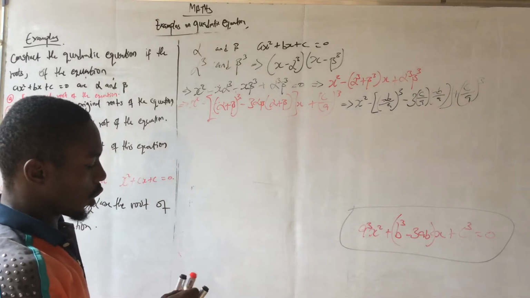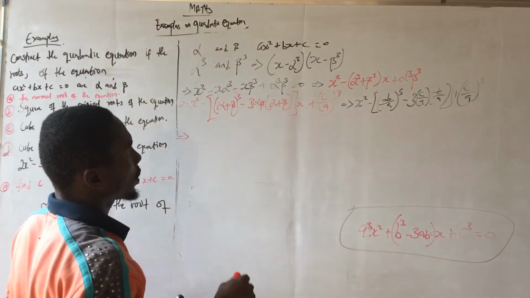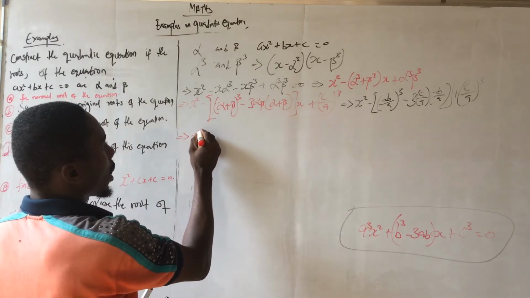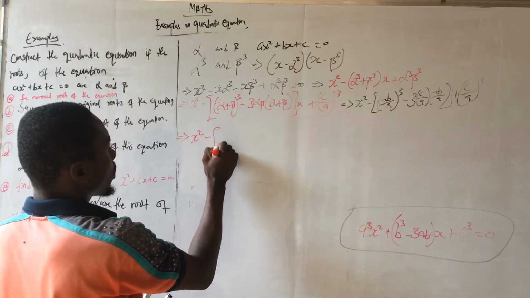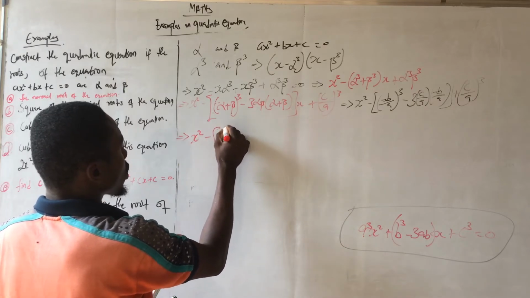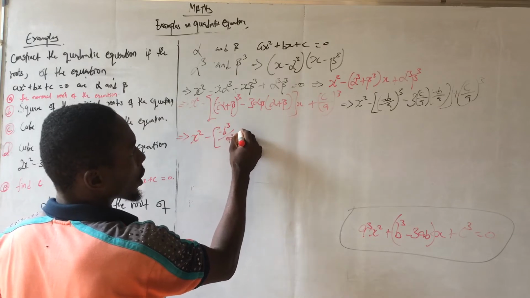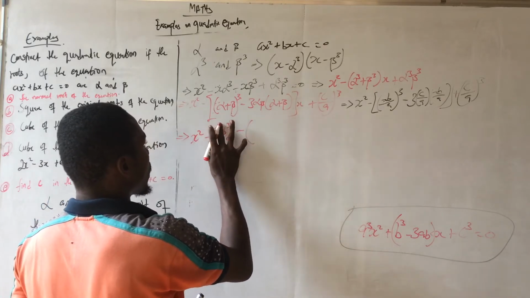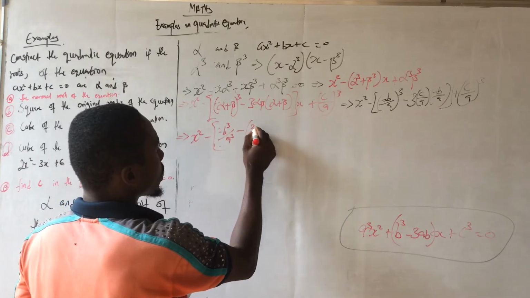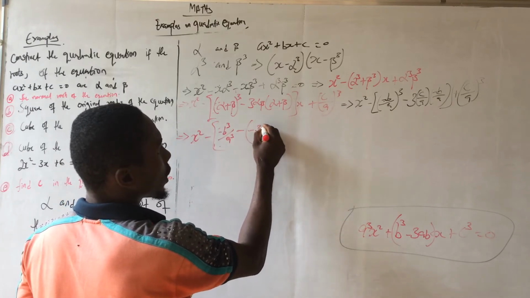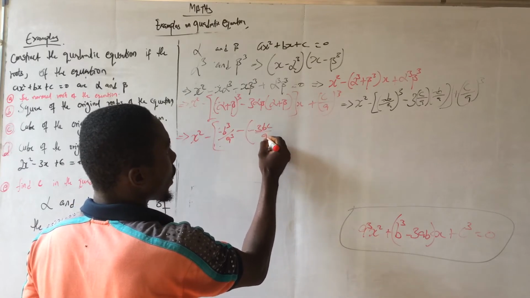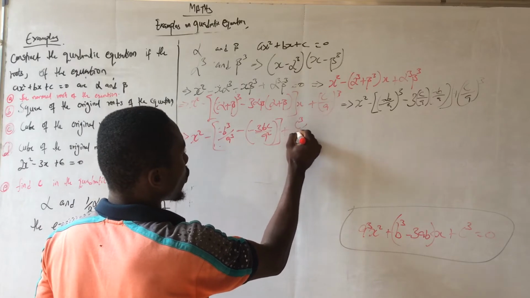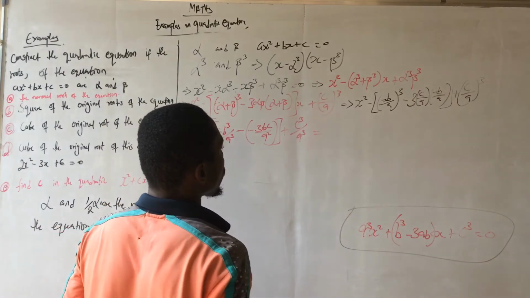Now furthermore, we said that it is equal to x squared minus bracket open, minus b raised to the power 3 over a raised to the power 3, minus, chain bracket, minus 3bc over a squared, chain bracket close, plus c cube over a cube. Now this is equal to 0.